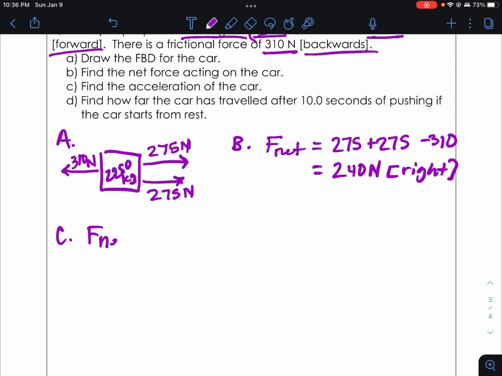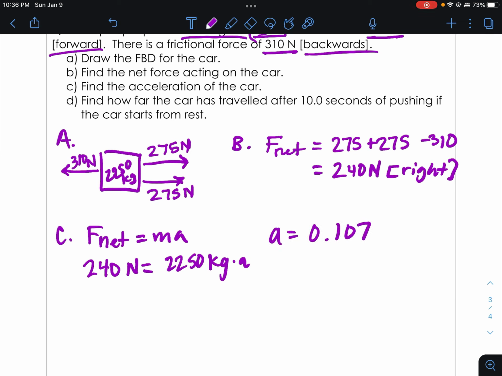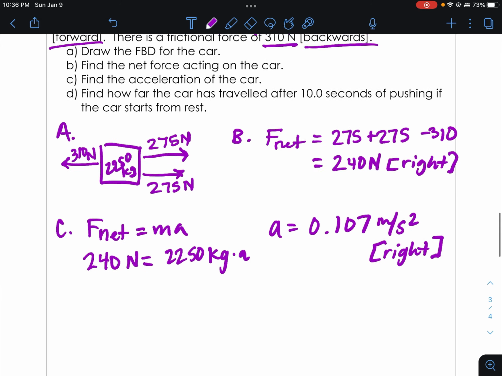Well, F equals ma. So I've got 240 newtons equals 2,250 kilograms times a. So a is equal to 0.107 meters per second squared to the right. If you rounded to 2 decimals, that's fine. 0.11 would be totally fine.